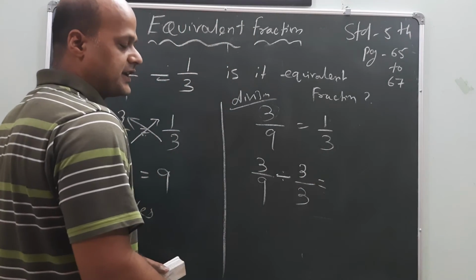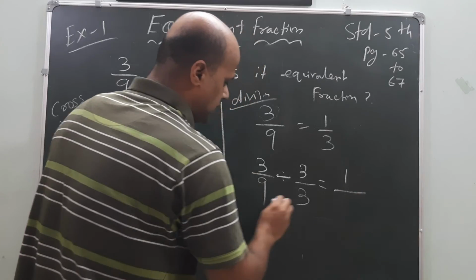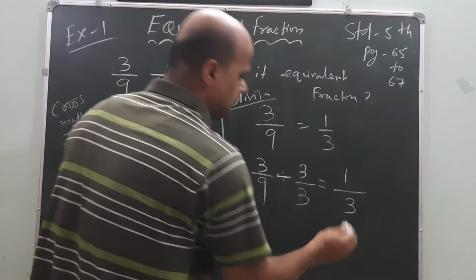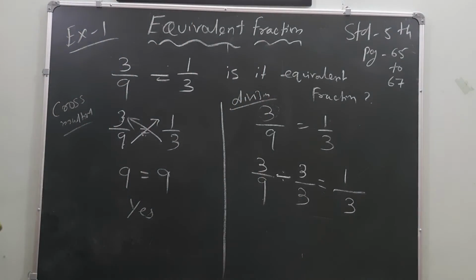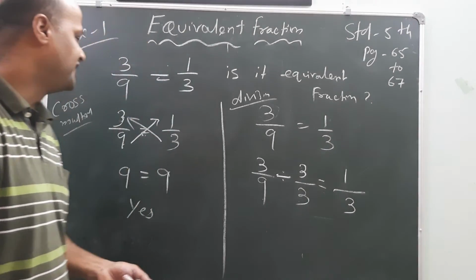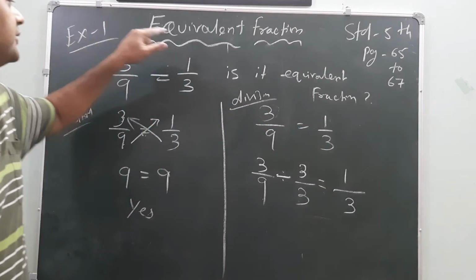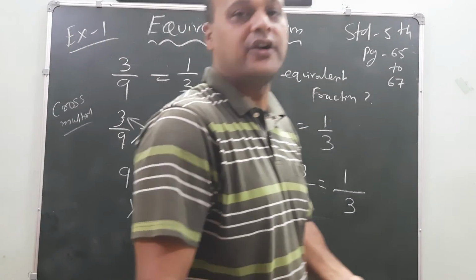If you divide 3 by 3, you get 1. 9 divided by 3 is 3. This is called the divisibility process. It is easy now, my dear friends. So these two processes are for finding the equivalent fraction for justification or verification.